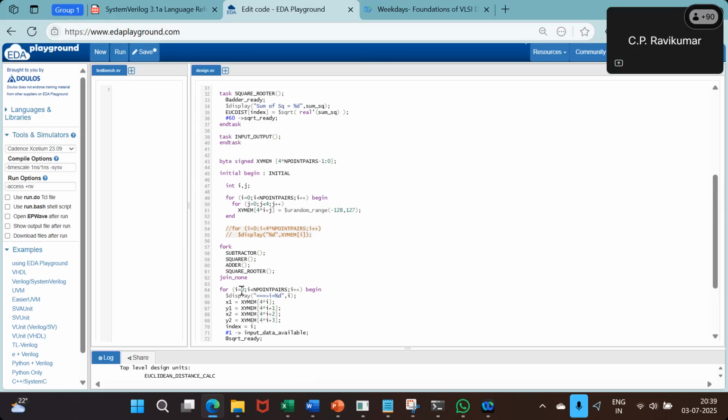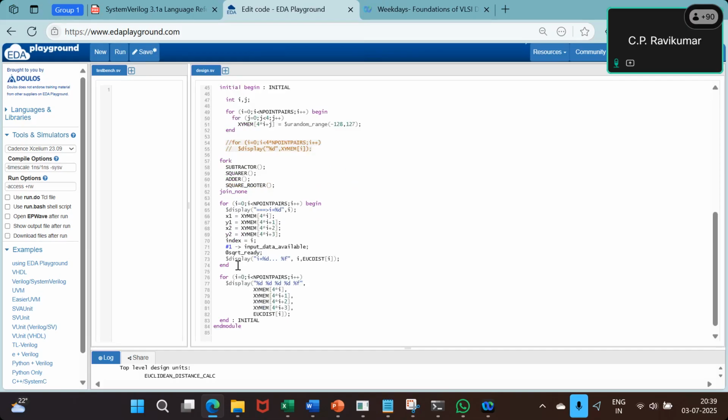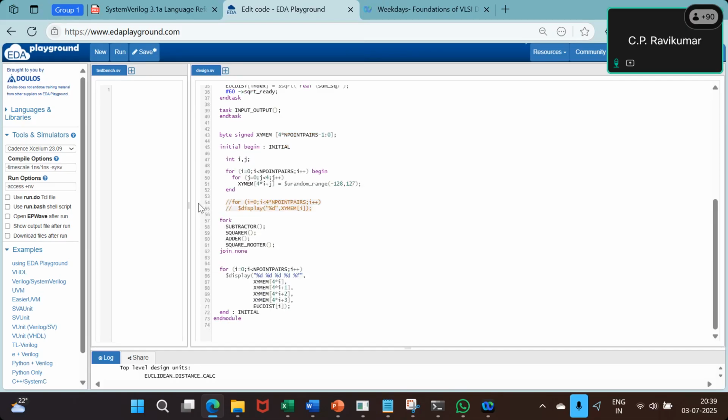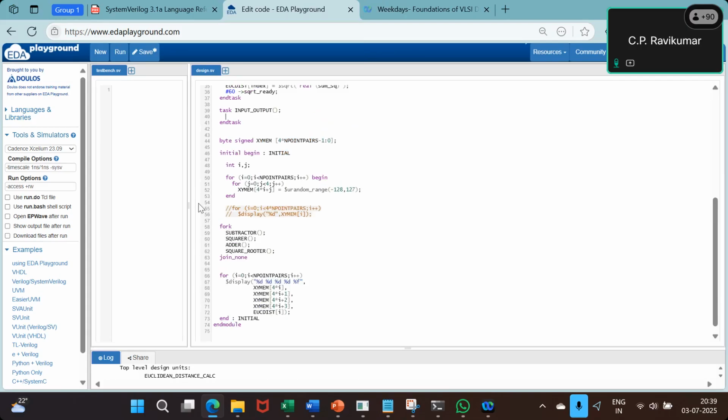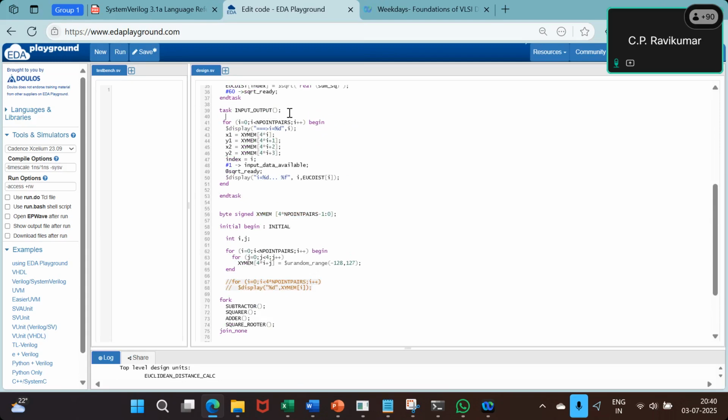So I'll put all of this there. So this guy's task is to do the IO. So he puts the data and then waits for square root ready, and then so I is declared here.